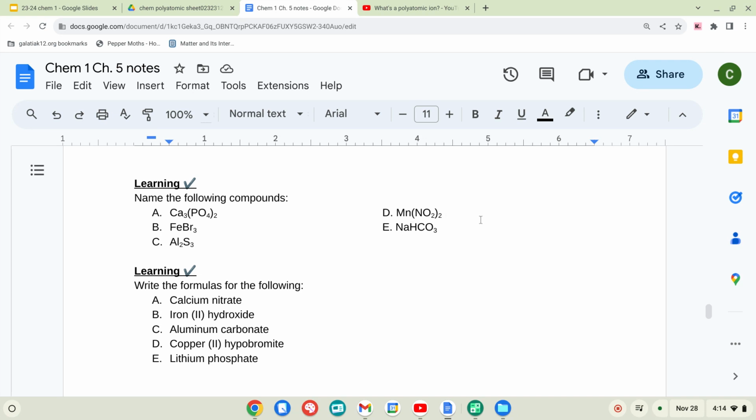So I can't just write manganese nitrate because if I did that, then if somebody would ask me to find the formula for it, I'd look up manganese and be like, ooh, I can't crisscross. So I see that nitrate is a -1 from this sheet up here, and there's 2 of them. So all together that is -2. That's how I know manganese has to be a +2. So manganese 2 nitrate.